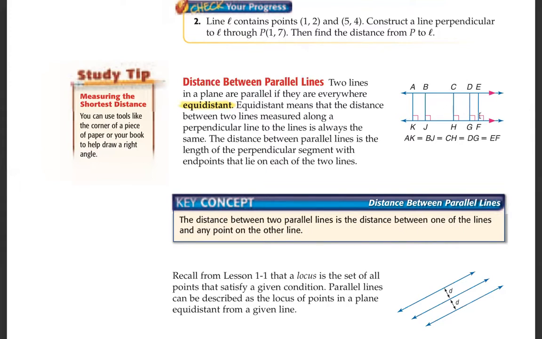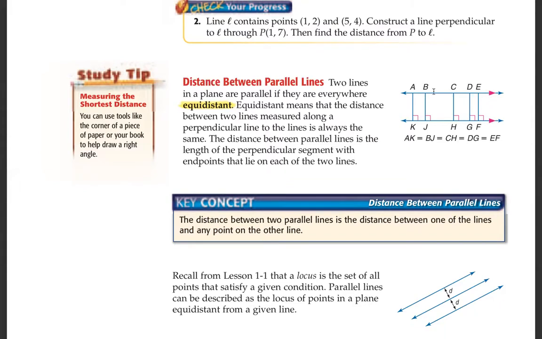All of these lines that are perpendicular to both parallel lines are equal. Whether you measure on this side or on this side, as long as the line that connects the two lines is perpendicular, their distances are the same, because again, the two lines are parallel.